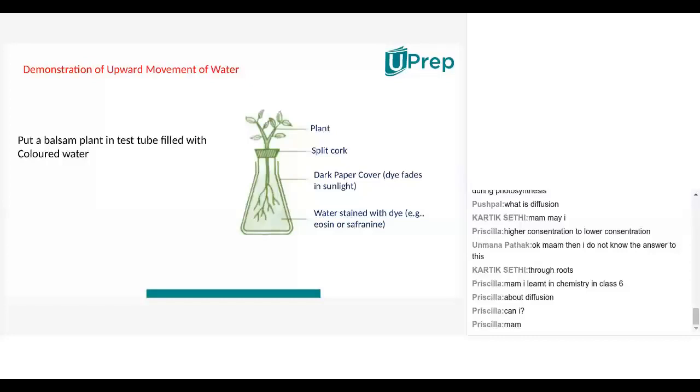Correct. And then after a few days, we see that the leaves and the stems are colored, whatever color is in the water. By this, we know that the xylem transports the water in the upward direction, and also whatever is dissolved in the water.